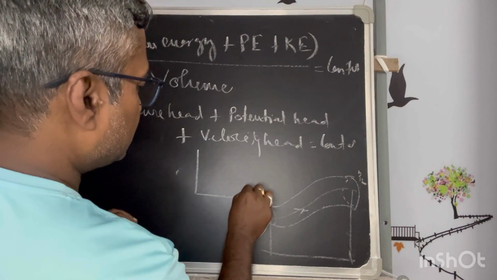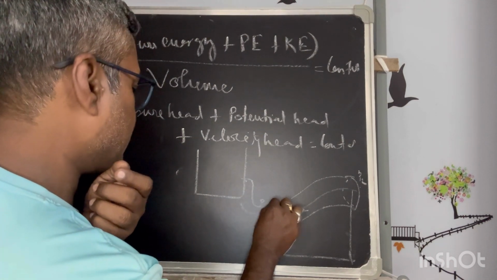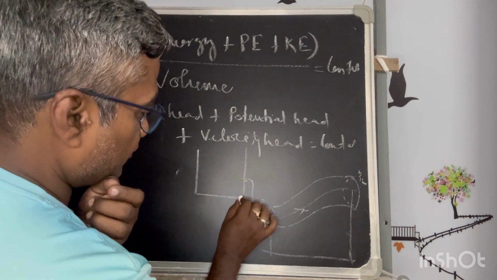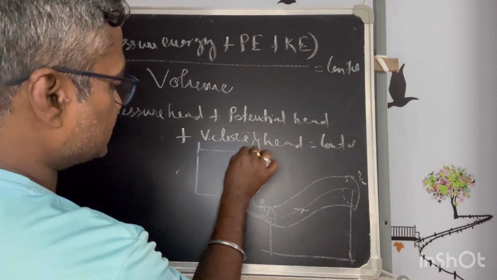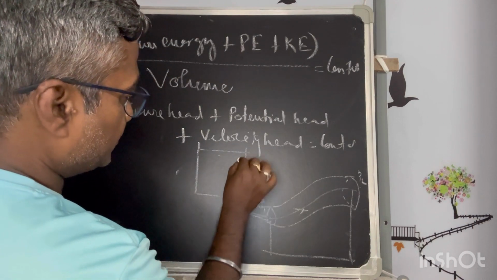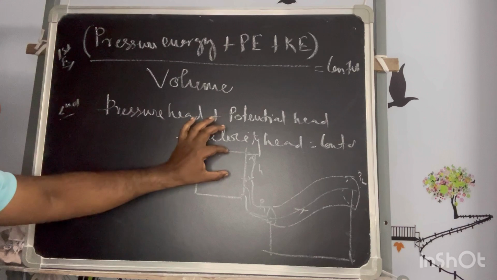That means some reservoir is there, from there flow is taken into this. And it is flowing, and there is some head from this to this. This is causing pressure head.